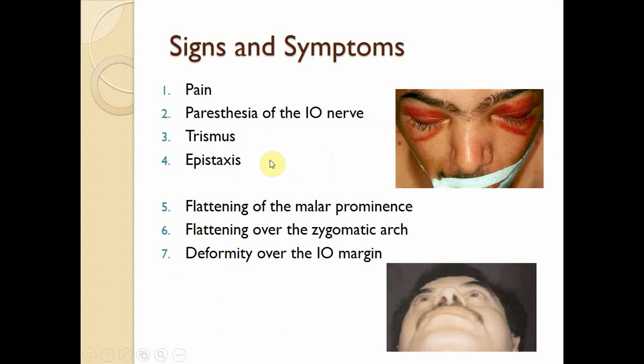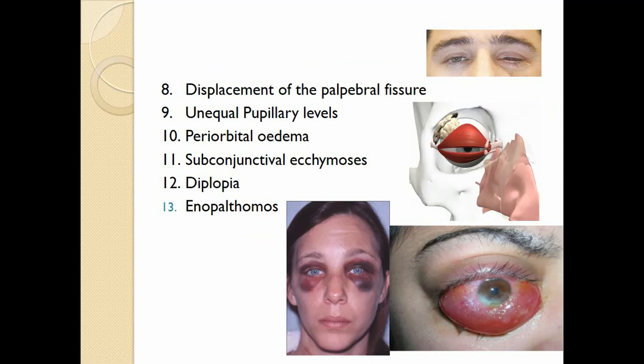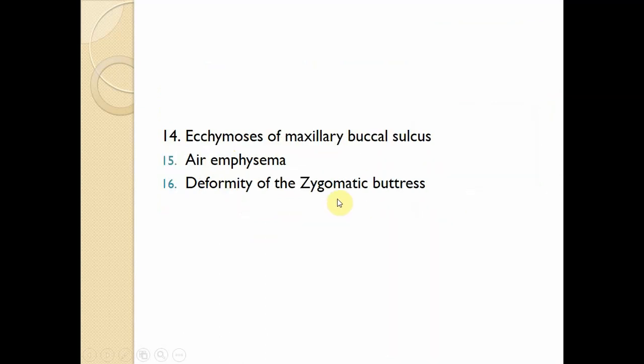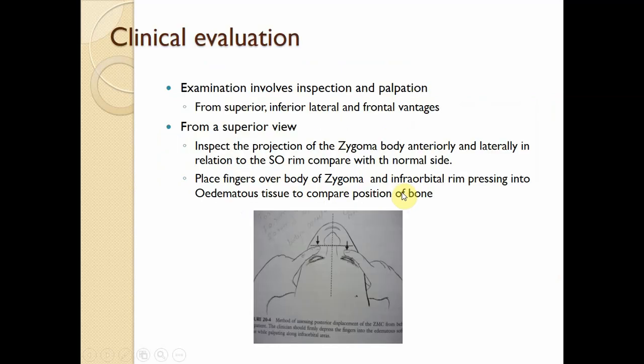Pain will be there, tenderness on the infraorbital rim, epistaxis, flattening of the malar prominence, flattening of the zygomatic arch, deformity of the infraorbital margin, displacement of the palpebral fissure, unequal pupillary levels, periorbital edema, ecchymosis, diplopia, enophthalmos, air emphysema, deformity of the zygomatic buttress, and ecchymosis in the buccal sulcus.